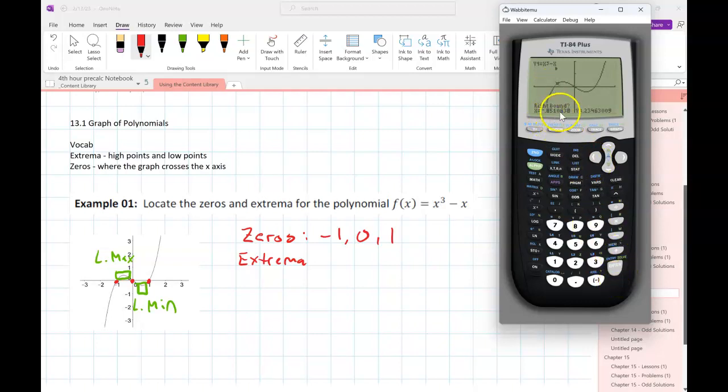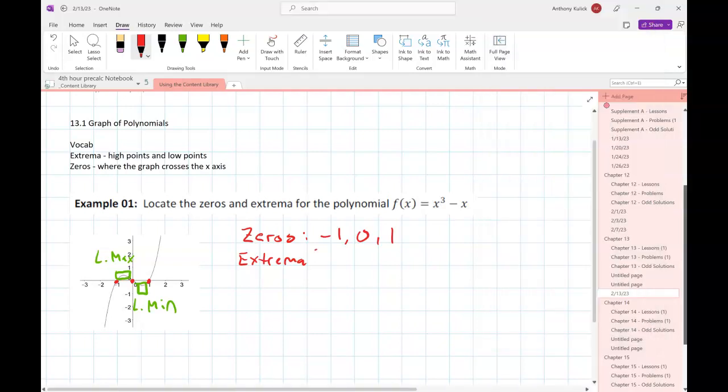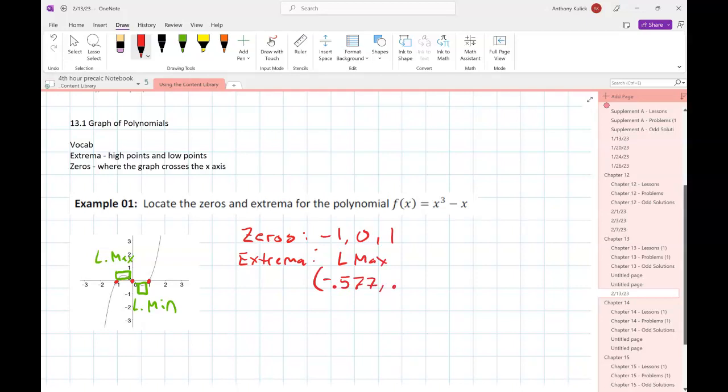And then press enter. Now it's going to ask for a right bound. So I'm just going to again move my cursor so that it's on the right side, and then press enter. Then it asks for a guess. That doesn't really matter. I'm just going to press enter again. So I get -0.577, 0.385. And I could repeat the same process, but this time using the minimum command.